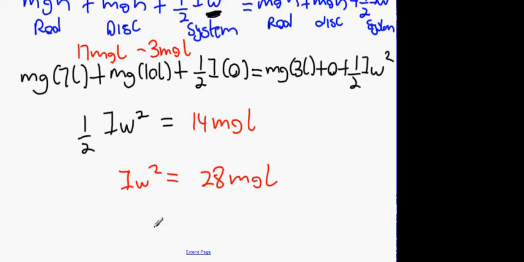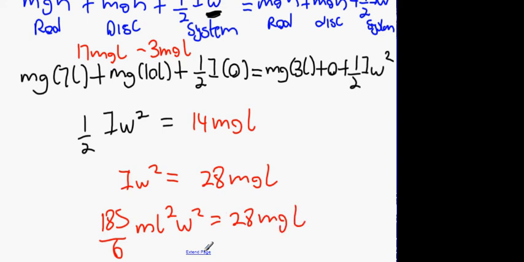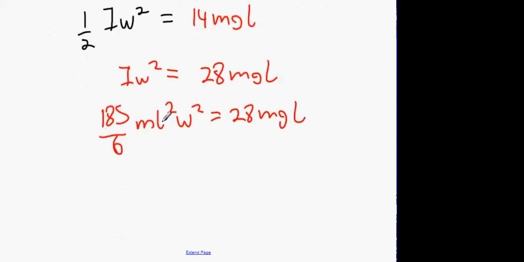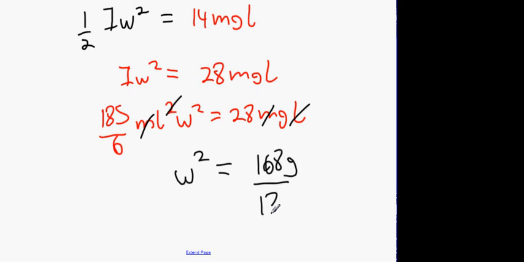Okay, put in your inertia. What's our inertia again? 185 over 6. Sorry guys, ml squared. So omega squared equals 28 mgl over that. Therefore, the m's will cancel, one of the l's will cancel. Omega squared, when we cross multiply all this out, equals 168g over 185l. Omega therefore equals the square root of 168g over 185l.